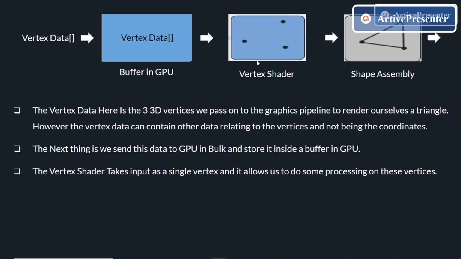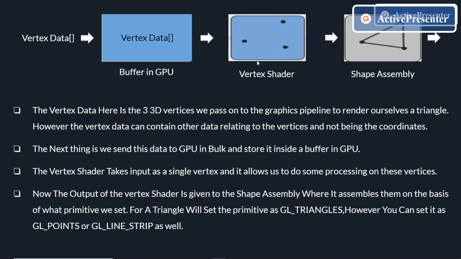Now, all these vertices then go into the shape assembly stage. Basically, all the vertices here combine to form a shape on the basis of the primitive we set. So, to draw a triangle, we'll set the primitive to triangles. However, you can set that primitive to draw simple points or to draw a line strip.